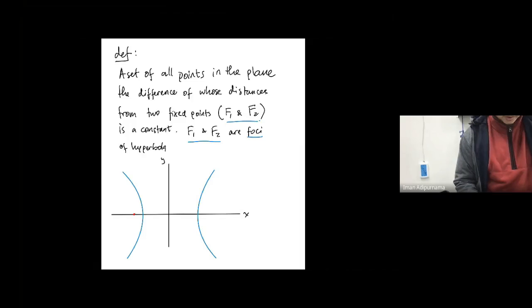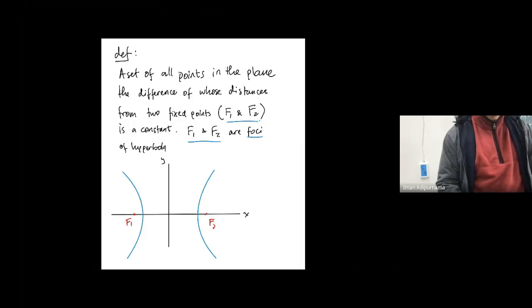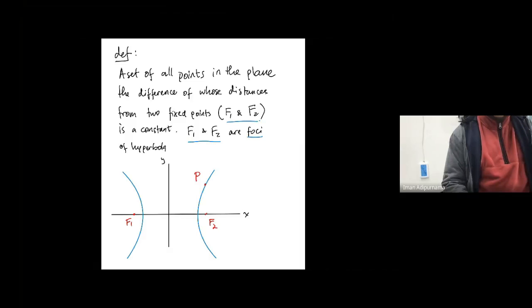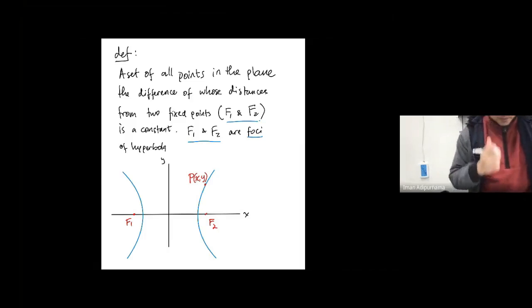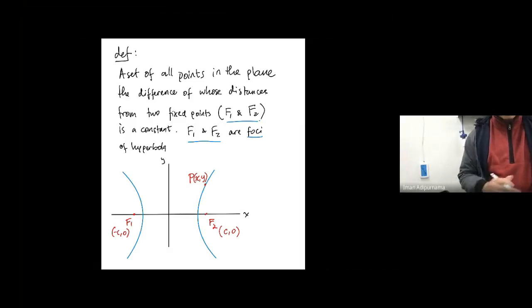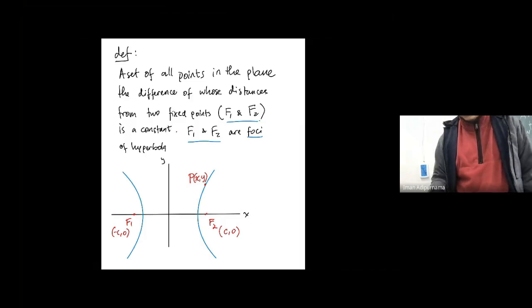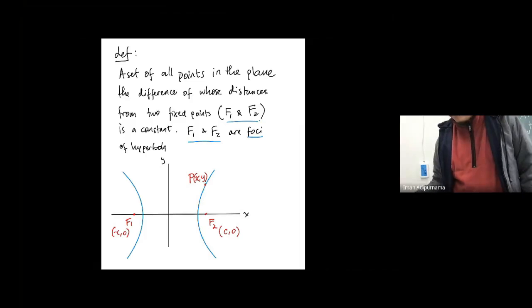Let me write, this is F1 and this is F2. And maybe we have P at some coordinates. The F1 coordinates is C. It's similar to the ellipse, so C will be related to the vertex.